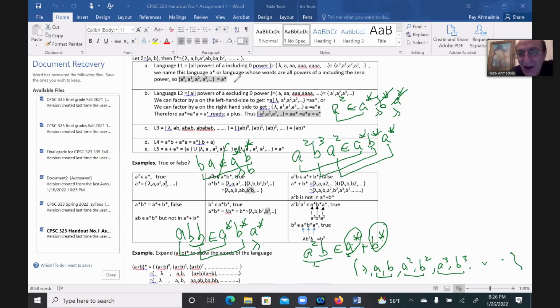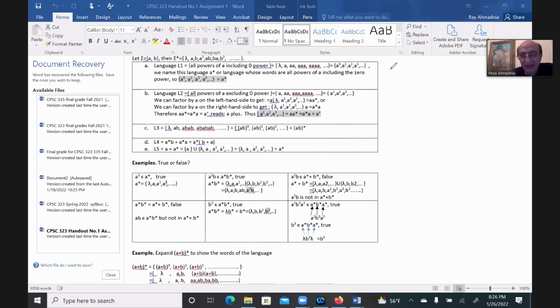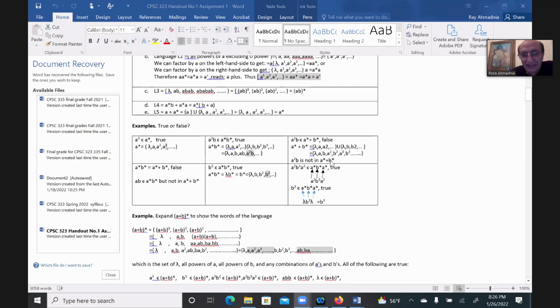Okay, now this is the fun part. Who is this language here? A or B star. I expand this one to see what I come up with.